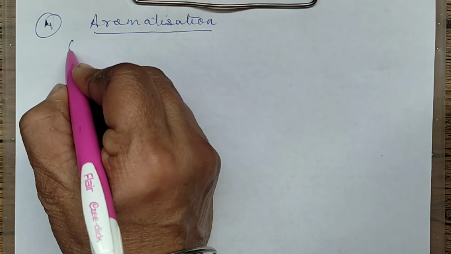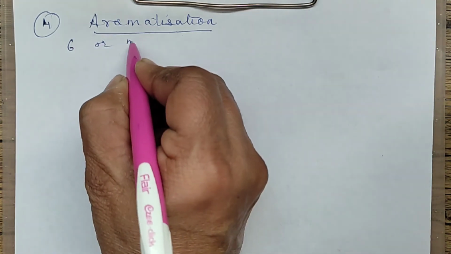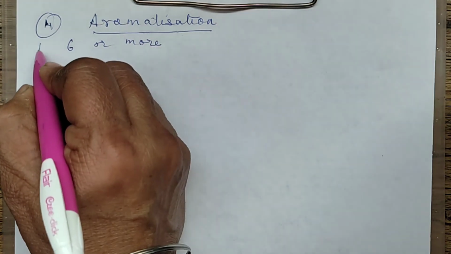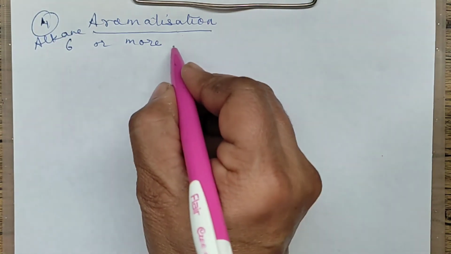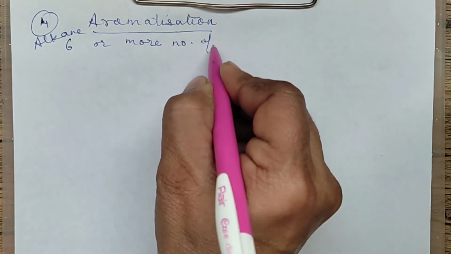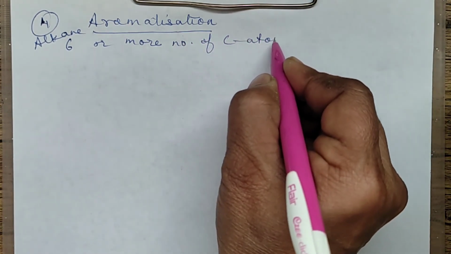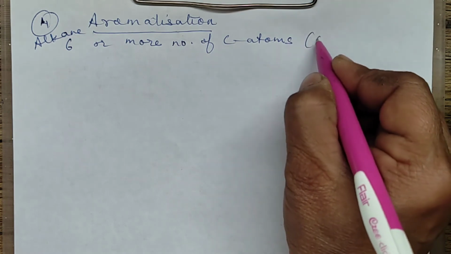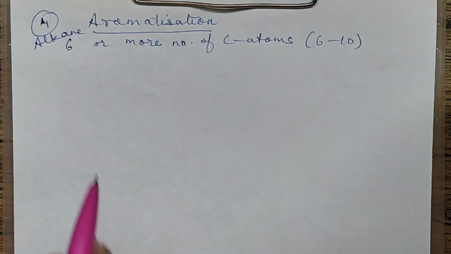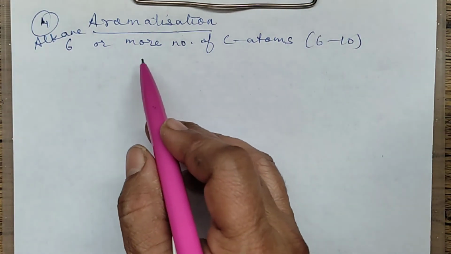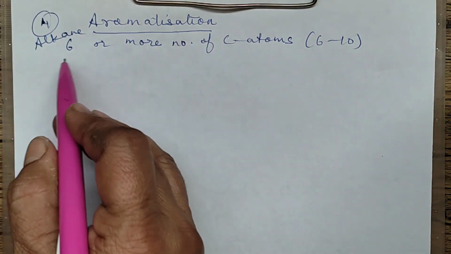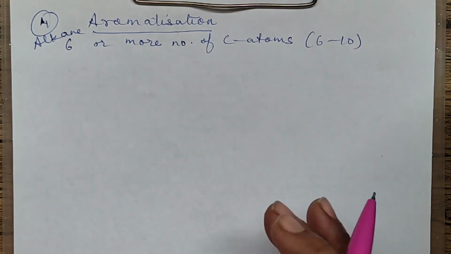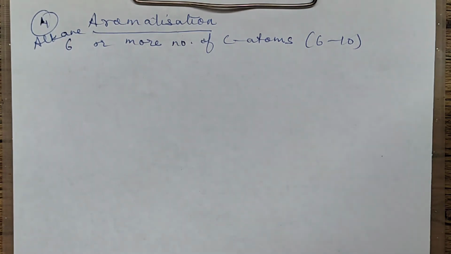Now what is aromatization? If you take an alkane with 6 or more carbon atoms, particularly from 6 to 10 nearly, then that alkane will undergo aromatization, means it will convert into its aromatic compound.